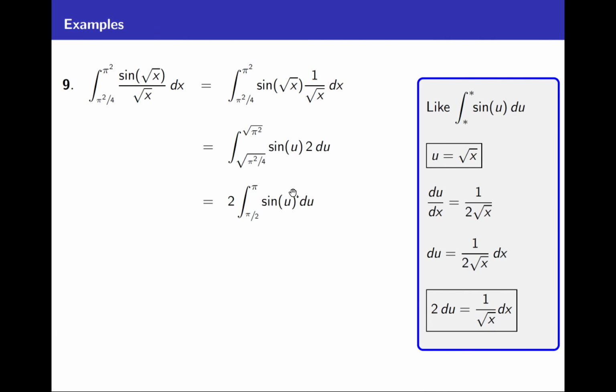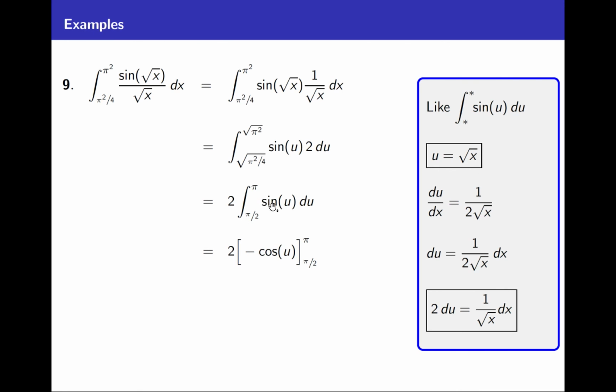And now we're in a very fortunate position of having a simple definite integral here, one that you could have done back in section 4.9. So applying the fundamental theorem of calculus, we get 2 times minus cosine of u from pi over 2 to pi.